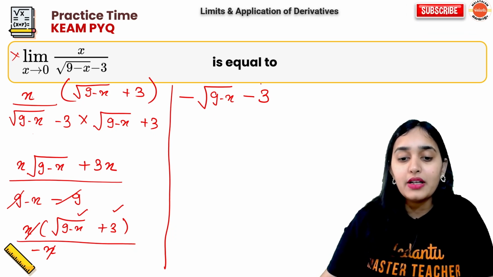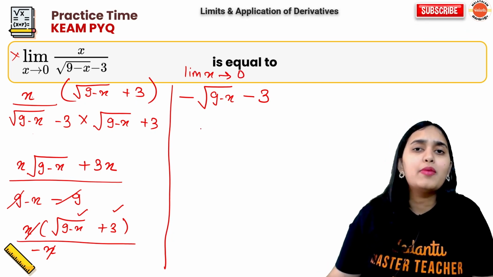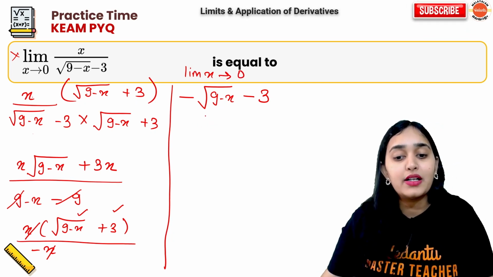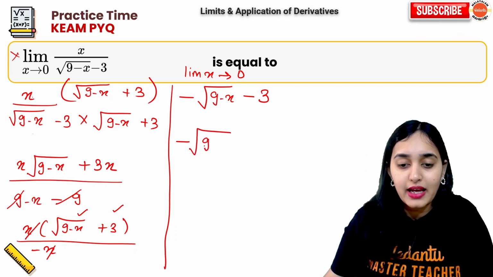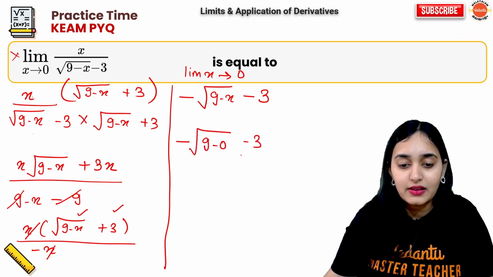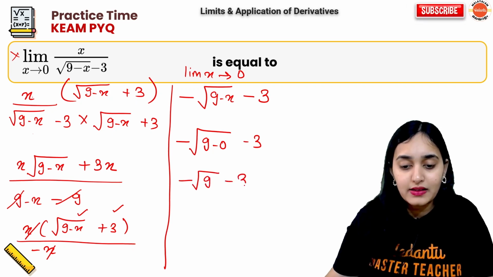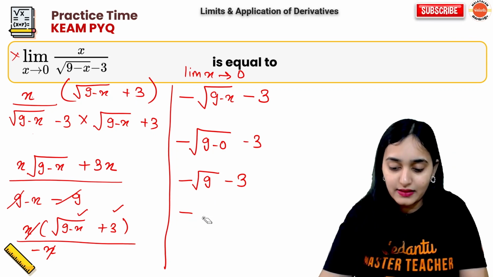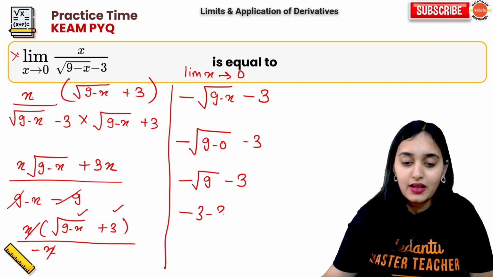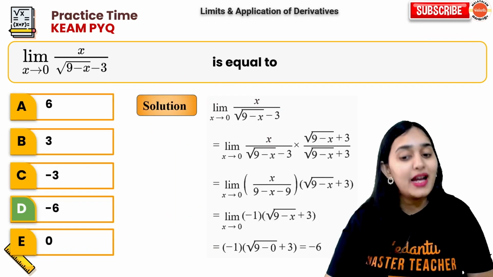Now, we put here limit x tends to 0. So, basically, we put x is equal to 0. So, what do we get? We get negative of root over 9 minus 0 plus 3. That is root over 9 is 3, so 3 plus 3 is 6. So what is your answer? Minus 6.